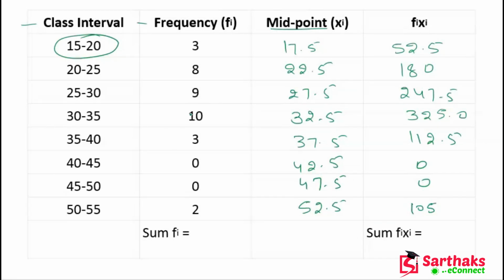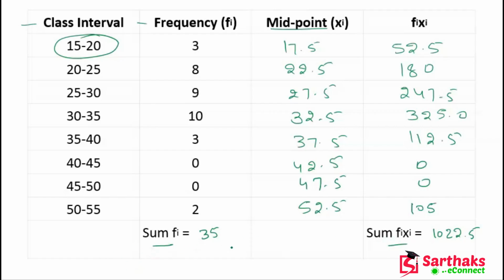Now the summation of fi is what? This is 35. And the summation of fixi, after adding these fixi, here we get 1022.5.